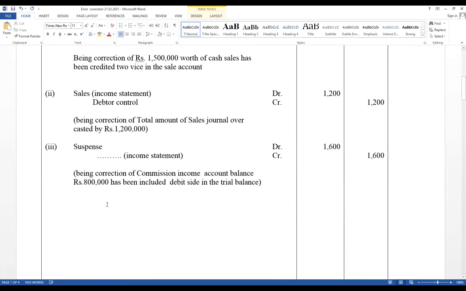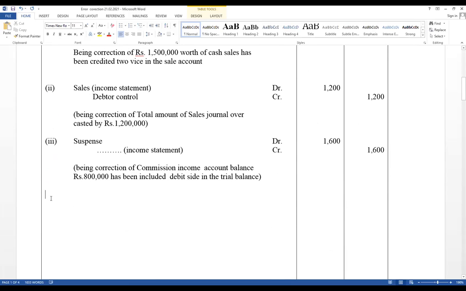First one, think about the first part. Maintenance expense 800 has been considered as a motor vehicle. Therefore, motor vehicle maintenance expense account debit 800, and the difference value, 7,200, suspense account debit.